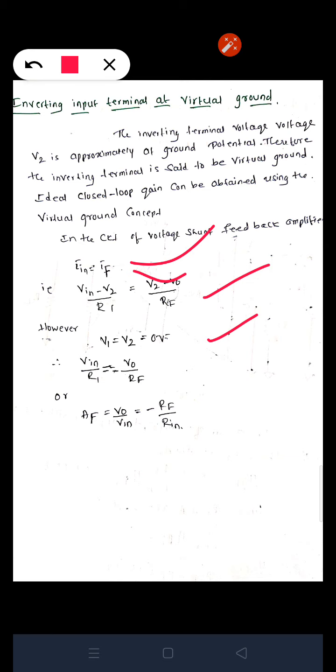Therefore, Vin by R1 is equal to minus V0 by RF, or in terms of feedback gain, for virtual ground, V0 by Vin is equal to minus RF by Rin. This is how you calculate for the inverting input terminal at virtual ground, and how to study the virtual ground concept of our voltage shunt feedback amplifier.